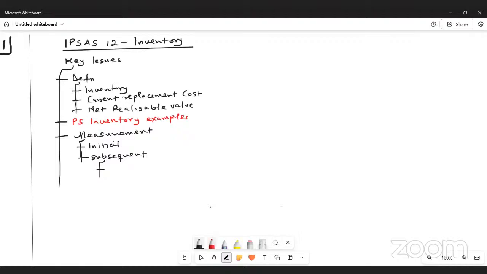Then under subsequent, we want to also stress inventory from non-exchange transactions. And also we want to know the cost of agriculture produce.